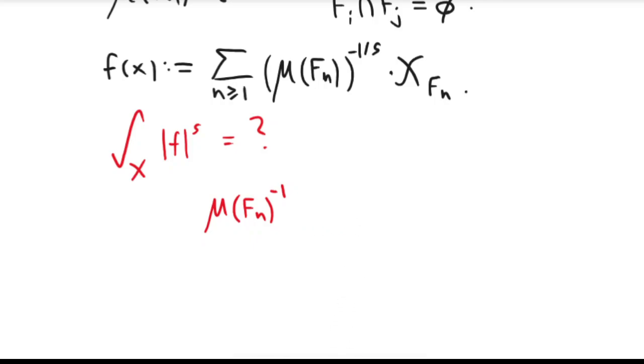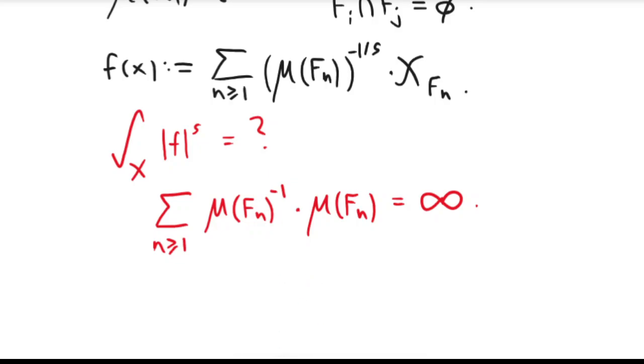So you would integrate over F1, integrate over F2, integrate over F3, and keep doing that. On each of those sets, f to the s is equal to this, and then you would multiply by the measure of the Fn. But this is just the sum of 1 plus 1 plus 1 plus 1 plus 1, so this is infinity.